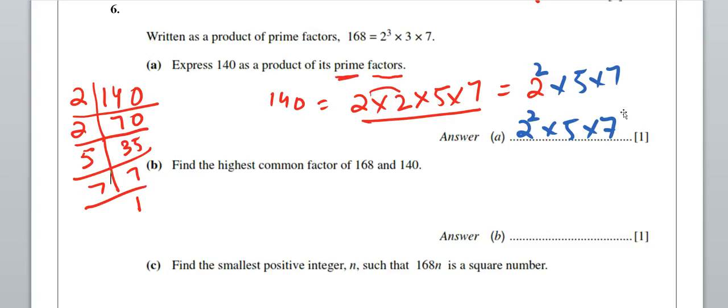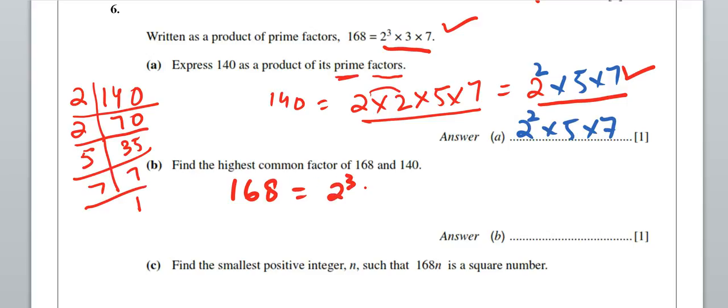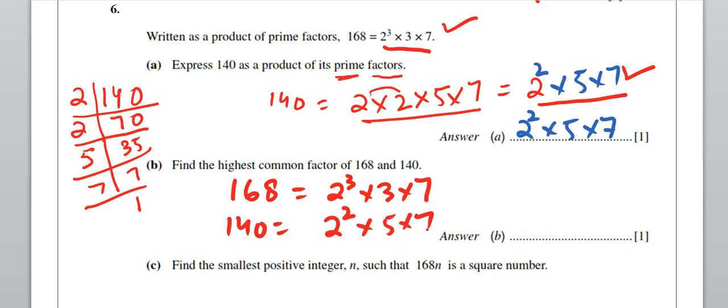You can find the highest common factor by observing the prime factors of 168 and 140. The other method is the type of calculation that I think most of the students know, but I would prefer that you use this. 168 will be 2 power 3 multiplied by 3 multiplied by 7, and 140 will be 2 raised to power 2 multiplied by 5 multiplied by 7.